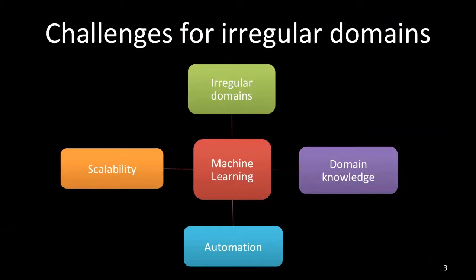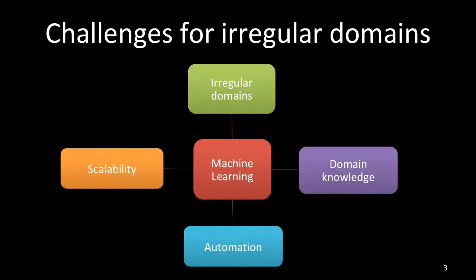And then the third thing is automation, where the machine learning pipeline is complex, starting from pre-processing to feature engineering to model selection and hyperparameter optimization. You have a lot of choices, and especially when you are going from the regular domain to the irregular domain, good parameter values, a good machine learning pipeline, or the feature engineering may not be generalizable to irregular domains.